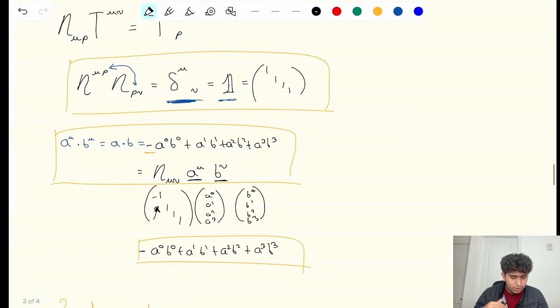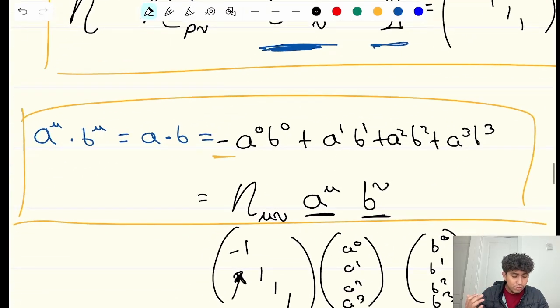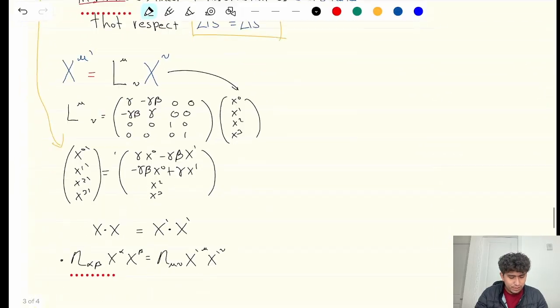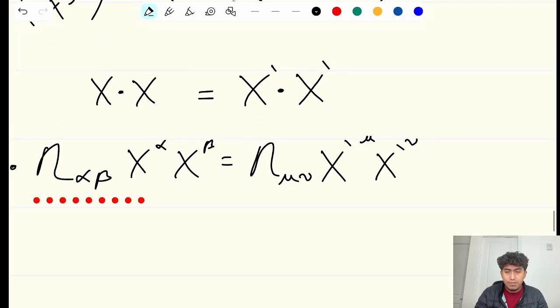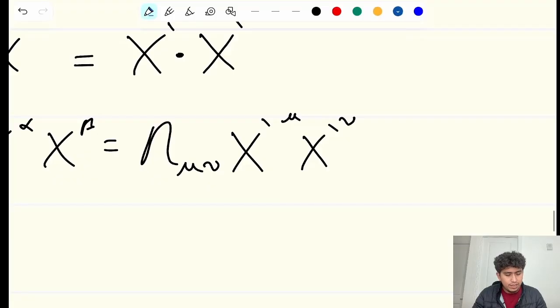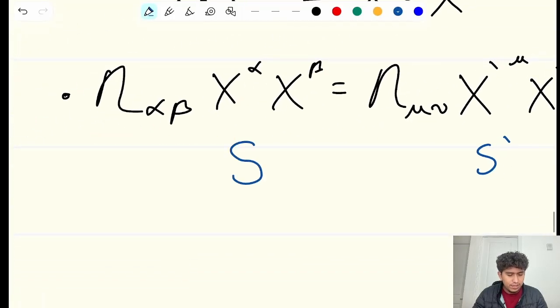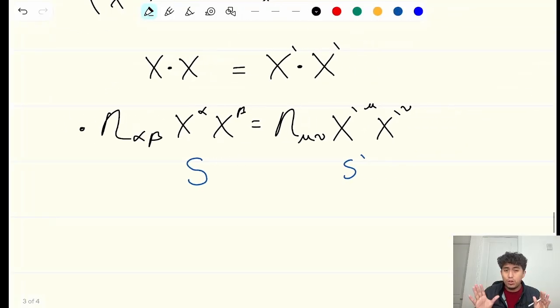If you remember the definition, you can review it in the review video that I made. This is the definition. We can use different indices just so that we can distinguish them. This one is in the S prime frame and this is in the S frame. So you agree with this equality.